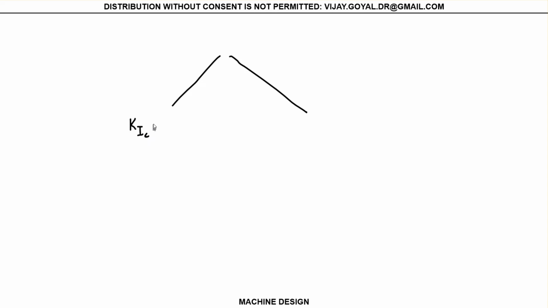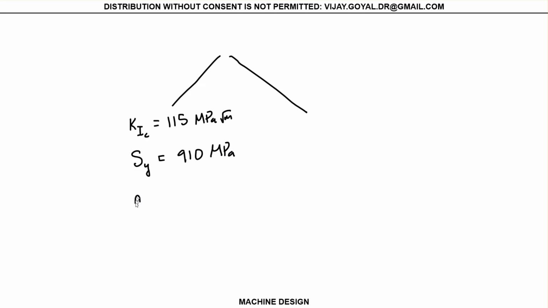The first one says this is 115 megapascal square root of meters. The second one is sigma yield is 910 megapascals.